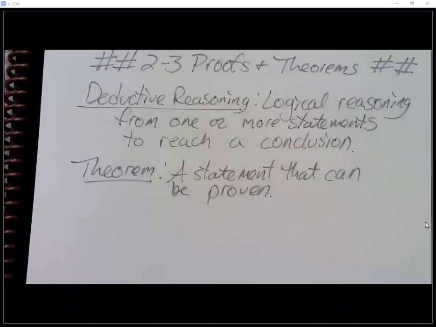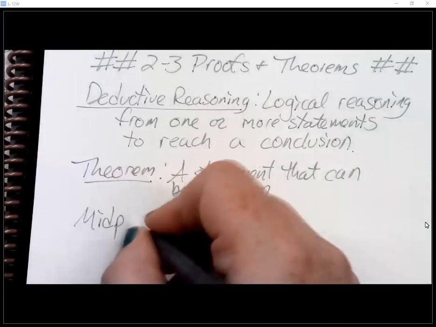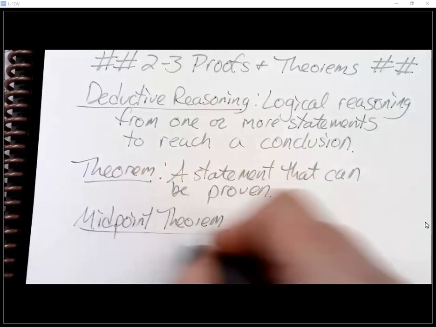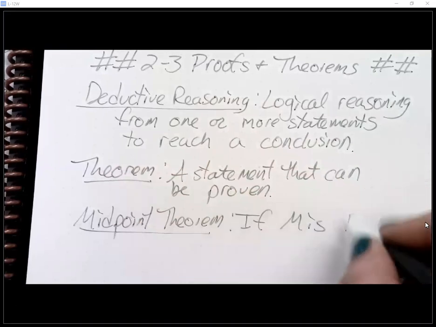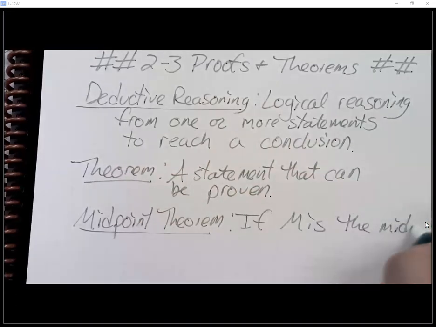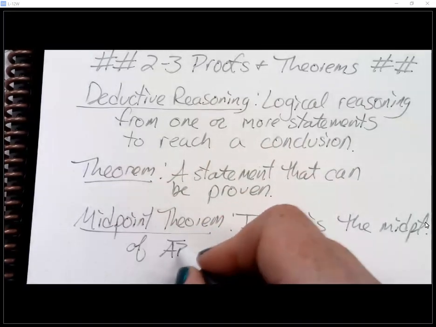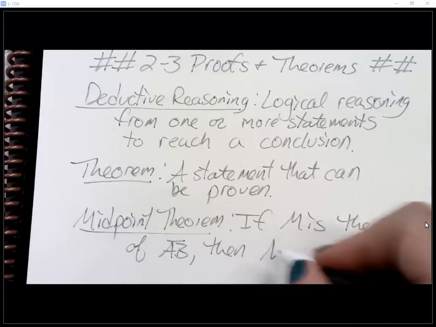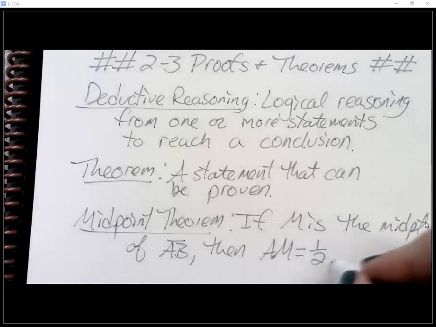Okay, so we're going to look at the midpoint theorem right now. This one states if M is the midpoint of segment AB, then AM is going to equal 1/2 of AB.